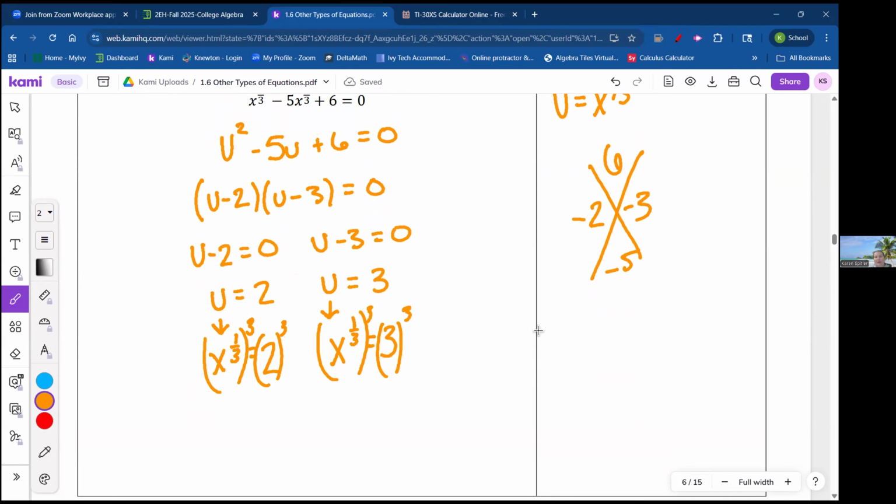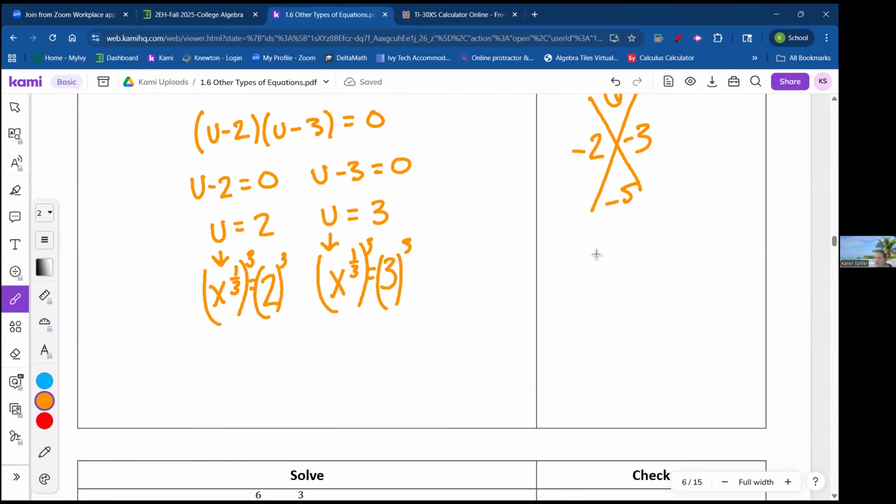Now, the cool thing about this is leaving your answer with exponents is perfectly acceptable. So you get x is equal to 2 to the third power, or if you feel like multiplying it, it's 8. And this is x is equal to 3 to the third power, and if you feel like multiplying it, it's 27.